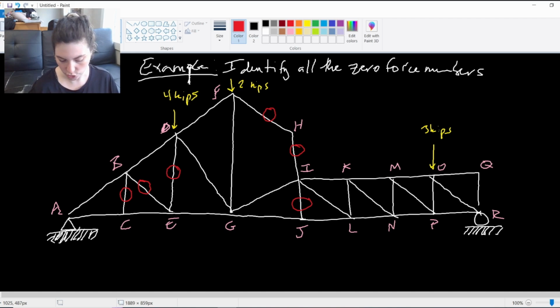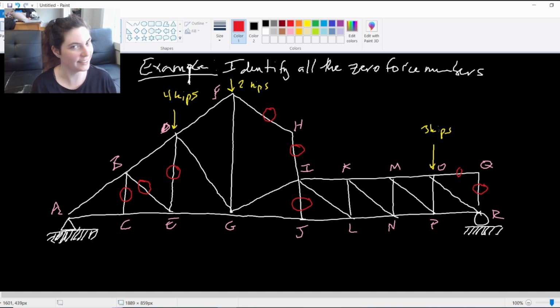I see there are too many forces going on at I, K, L, M, N, O, P. But at Q, now I've got another 2 members and no load. 2 non-collinear members and no load, so OQ and QR are both zero force members.